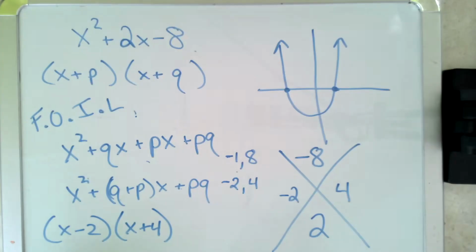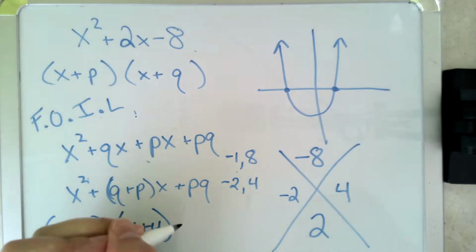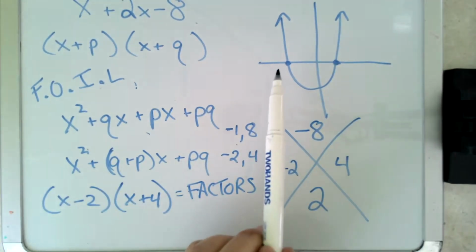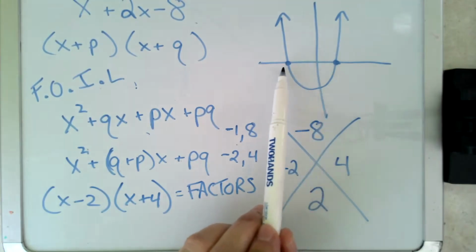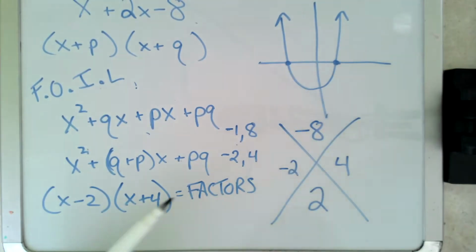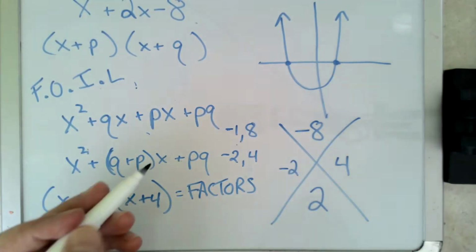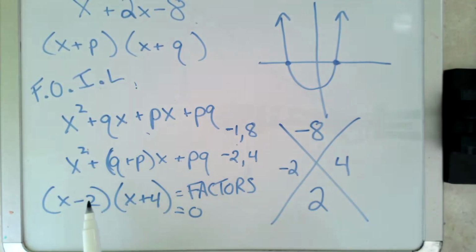Now, if you're asked for zeros, that wants to know what are the values of these two points here. So if this equals 0, that only happens when this equals 0 or this equals 0. So if x minus 2 equals 0, then I add 2 to both sides and x equals 2.